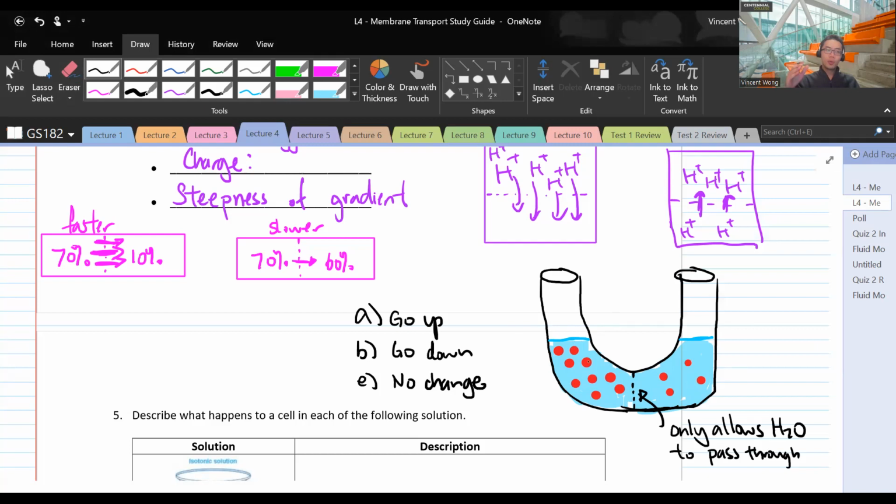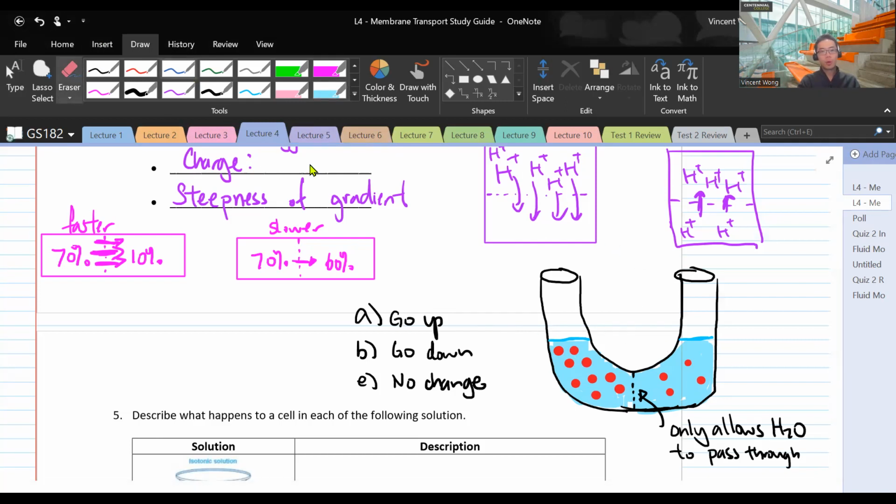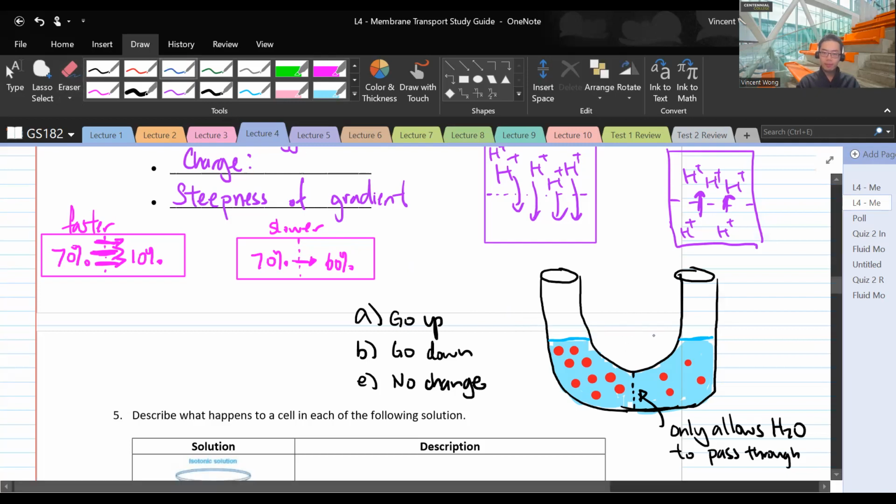And water will try to balance out the concentration on both sides. So if the concentration on the left side is higher than the right side, it will suck the water towards that end.